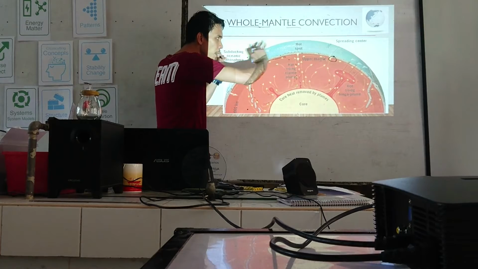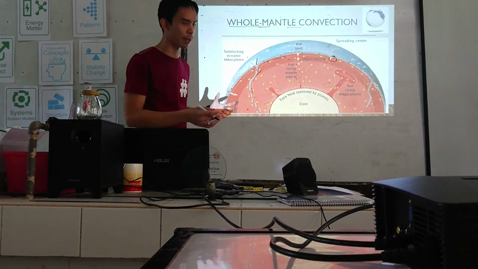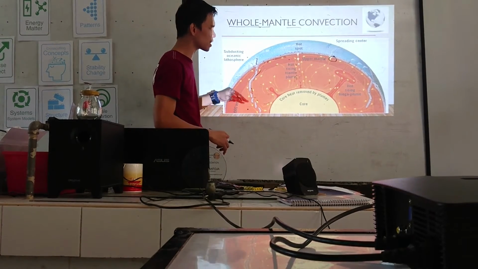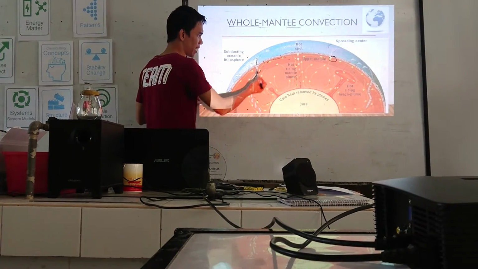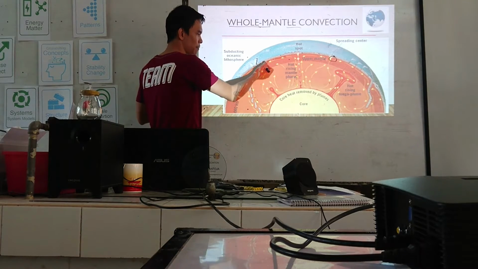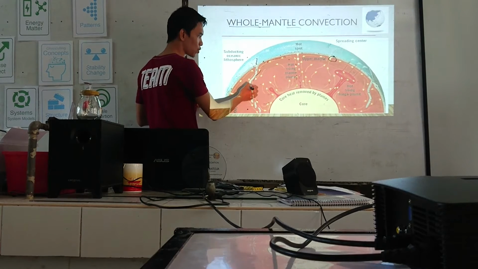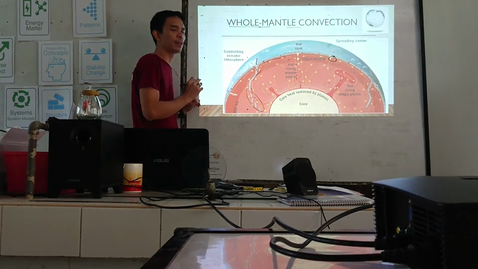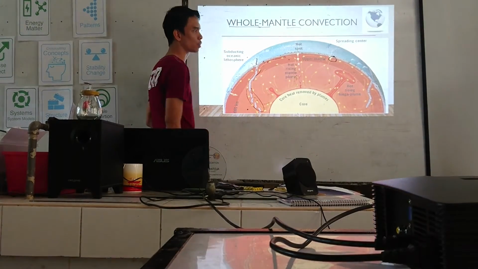So the whole mantle itself is moving. We can also see here that the subducted material from the subducted lithospheric plates, instead of going only to the upper mantle, goes directly back to the lower mantle, and the cycle continues.